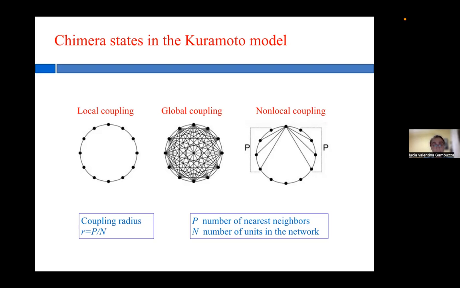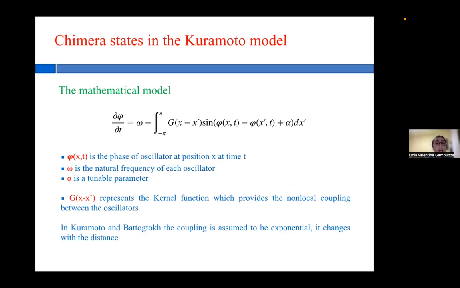So each node in the network is connected to all the other units in the network, which is the mathematical model behind the chimera state. In the first paper by Kuramoto and Babcock, they use phase oscillators, a Kuramoto model, and in particular we have this system in which the natural frequency of each oscillator is identical for all the units.